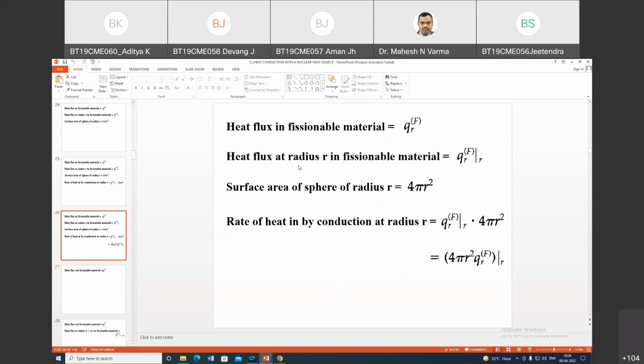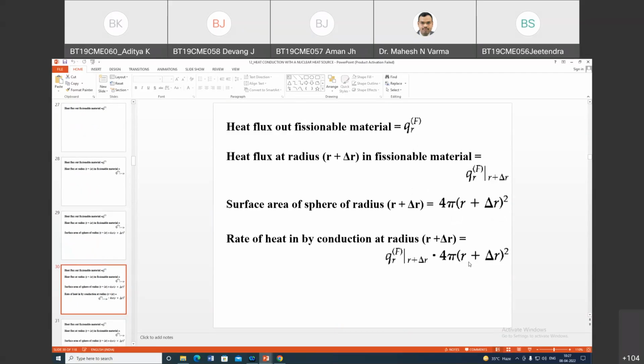So instead of q_r there, it will be N_Ar, the flux of A in the r direction, estimated at r. Similarly, the flux of A estimated at r plus delta r will be equal to 4 pi r squared N_Ar at r plus delta r.